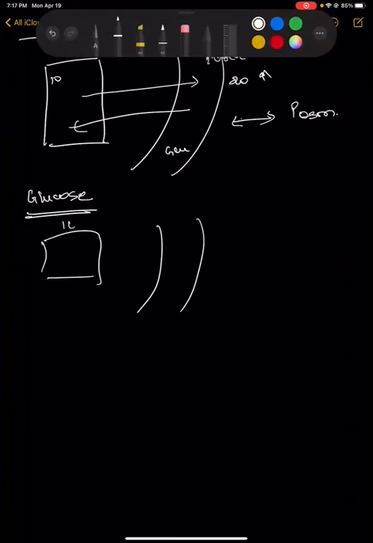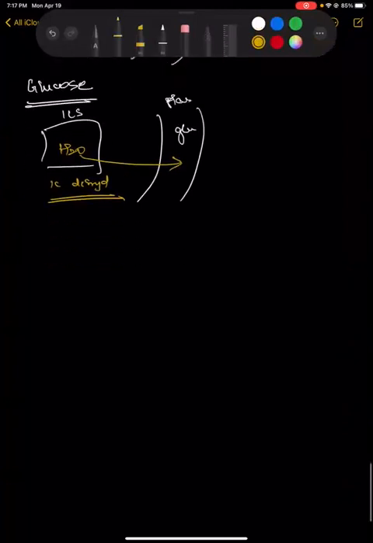So when I have more glucose here, the water from the cells tends to get pulled into the plasma and it causes intracellular dehydration. Now, whenever a substance increases the osmolality of the plasma, it is called a hyperosmolar substance.